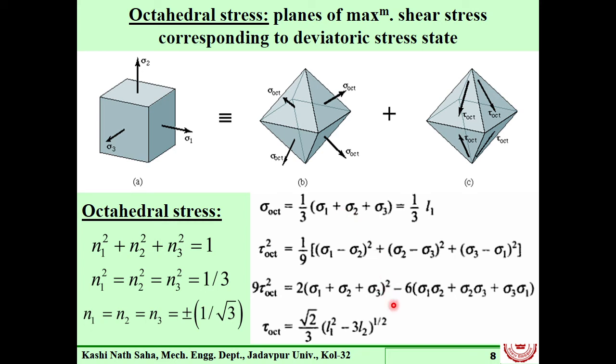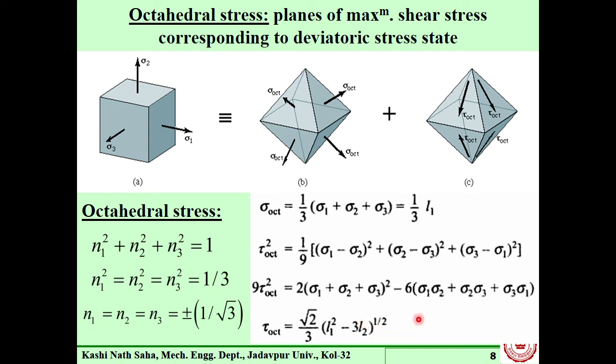And here again, this is I2, so the second invariant is another contributing factor in some failure theories. Okay. Because tau octahedral is used to govern failure. In failure theories corresponding to maximum principal shear stress, this I2 plays a role.